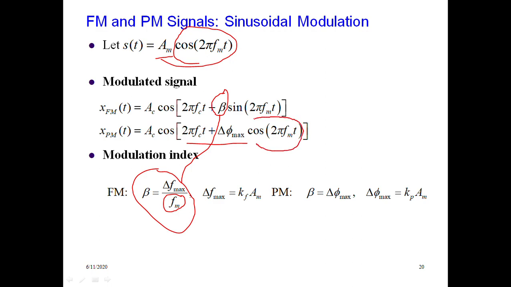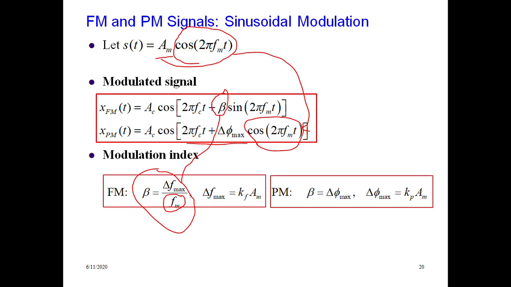Just straightforward, take the value here, the signal. If s(t), for example in this case, is not given the maximum, you just take the signal. So now we have the modulation index for FM: beta equals delta f max divided by fm. For PM, beta is delta phi max, which is the maximum phase deviation.